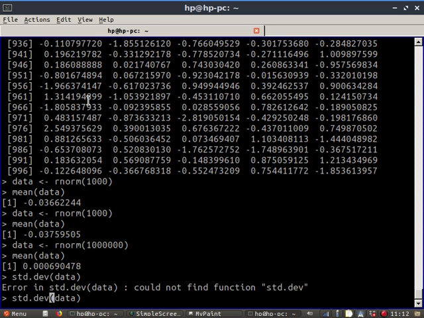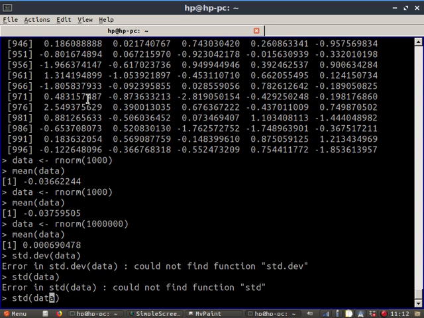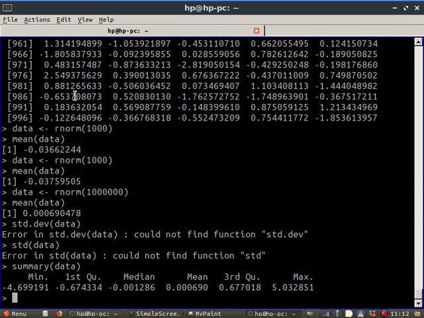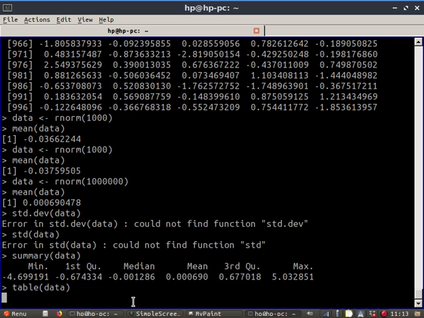I can't remember how to. Actually, you know what I can do? There's the average. Where's the standard deviation? I can't remember the function. Anyway, I'll tell you: the standard deviation is 1 and the mean is 0.